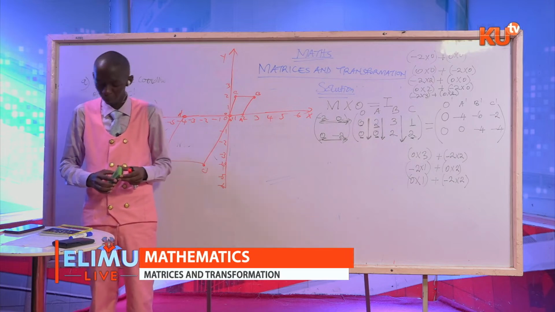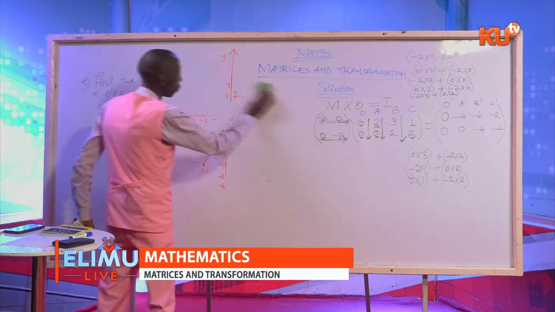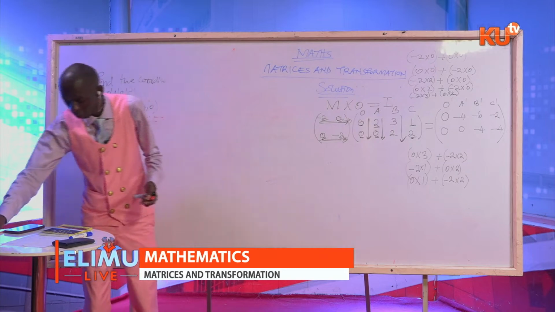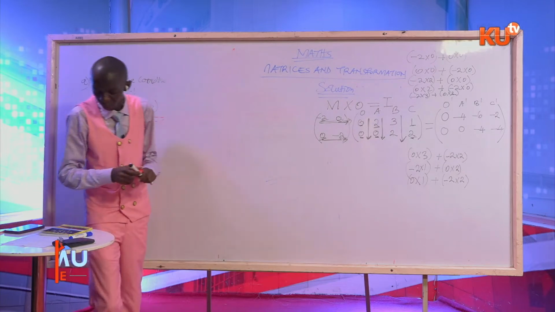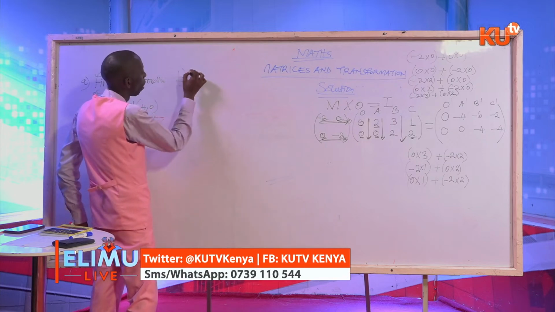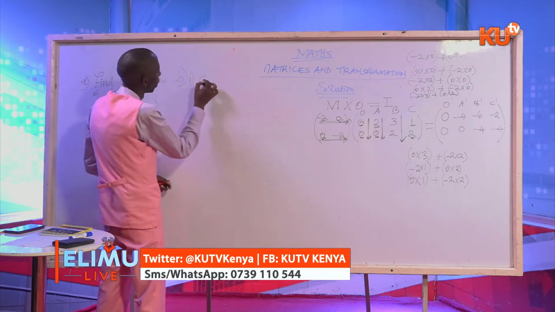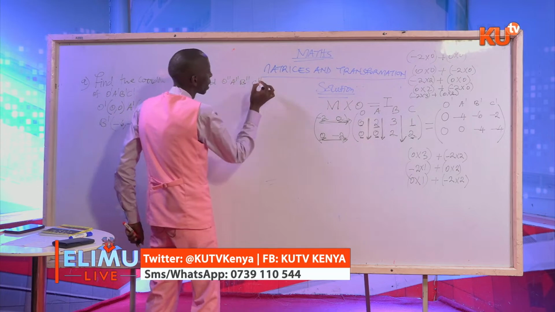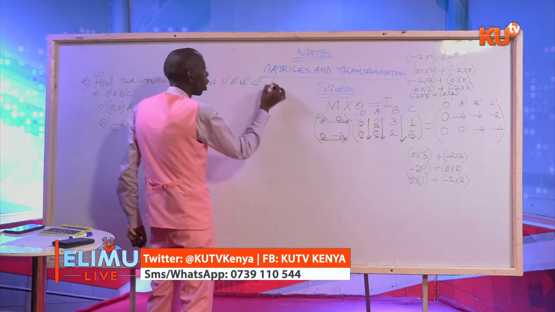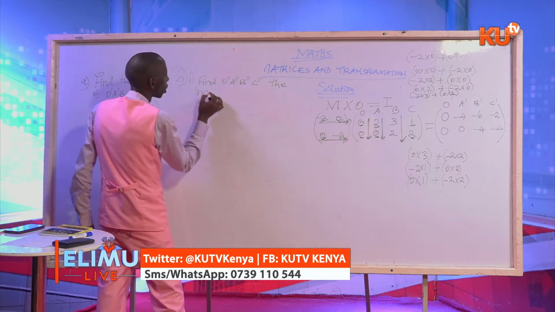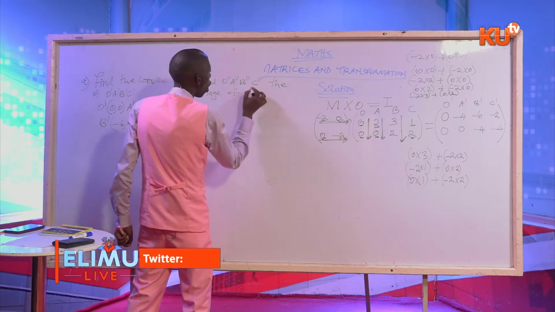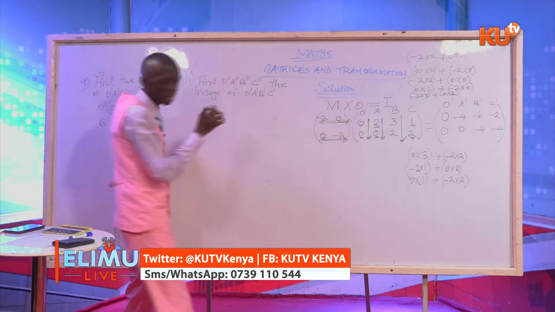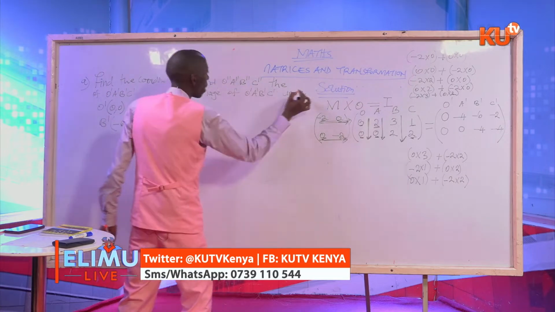We go to part B. Part B of the question. I know that you've drawn that. Find, the question is B Roman 1.